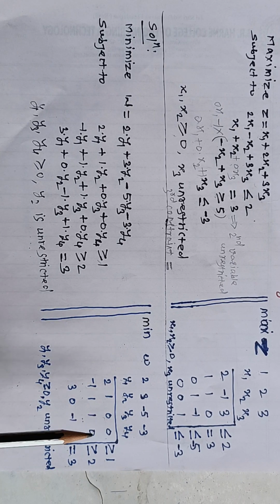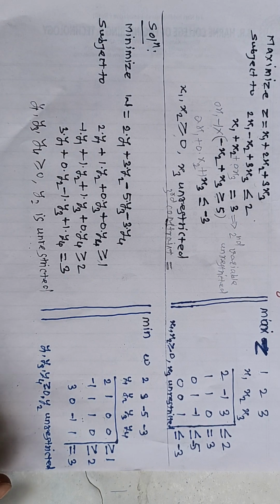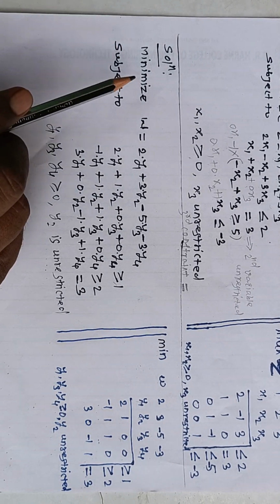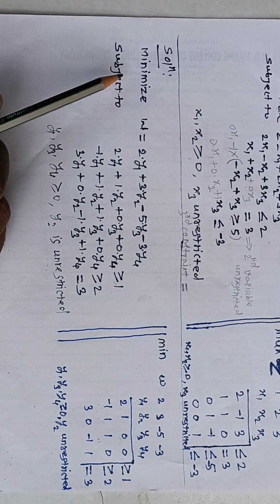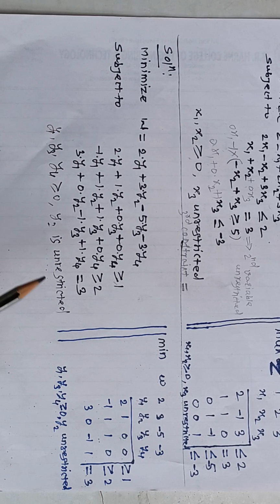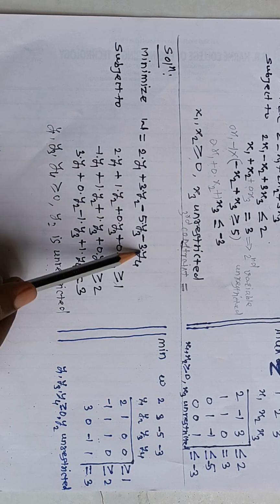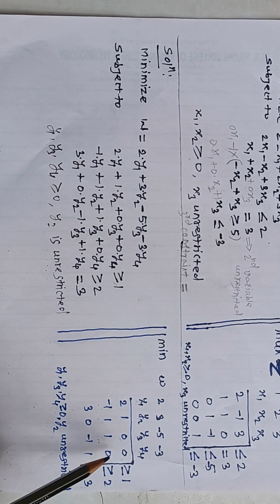And now we have to take the multiplication, put this in standard form like this. Solution of this: minimize the new variable w, which is the objective function, is equal to 2y1 plus 3y2 minus 5y3 minus 3y4. Okay, subject to these coefficients of constants.